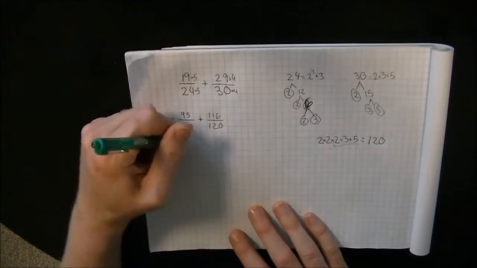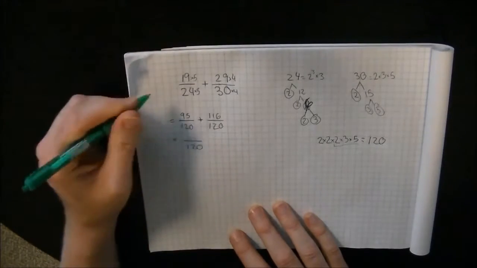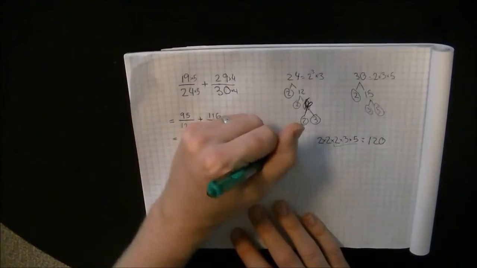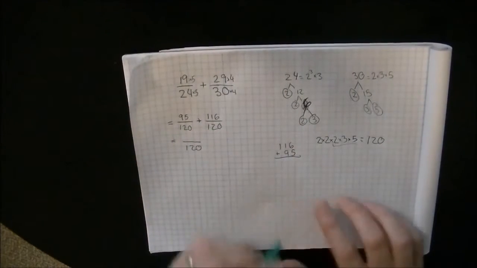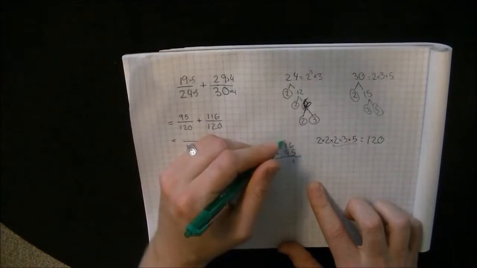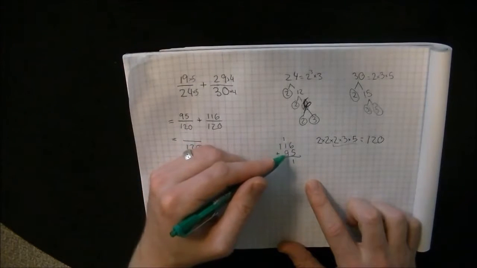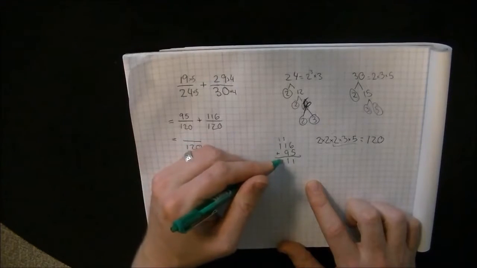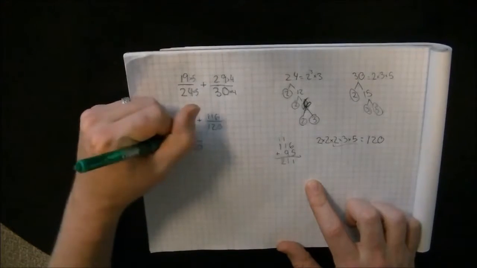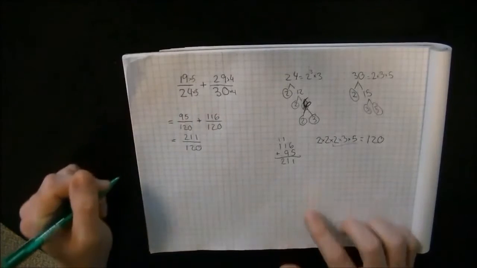Okay, and when I add these together, I'm going to get something over 120, and I need 116 plus 95. So 6 plus 5, that's 11, carry the 1. 1 plus 9 is 10, plus 1 is 11, carry the 1 again, and 1 plus 1 is 2. So 211.